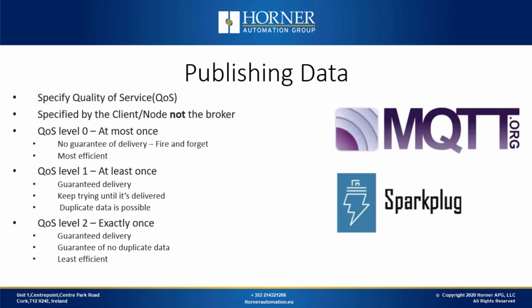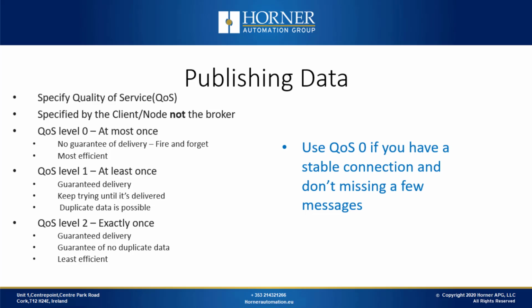Quality of service level 2 means data is going to get through exactly once, and it exists because of how disastrous it is for some systems to receive duplicate data. Level 2 is by far the least efficient level, and it has the most amount of steps involved. You would use level 0 if you have a stable connection and don't mind losing a few messages.